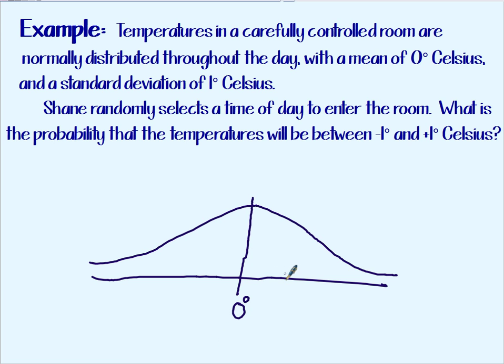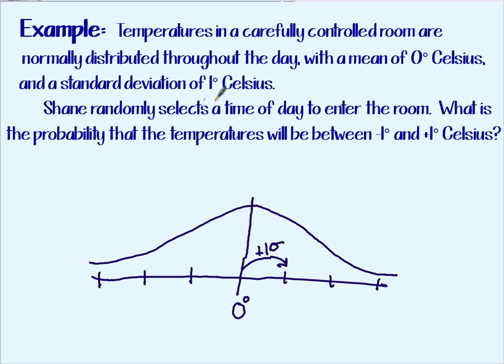In a normal curve, remember we have 1, 2, 3 standard deviations on either side. So from here to this point, I need to add 1 of my standard deviations.